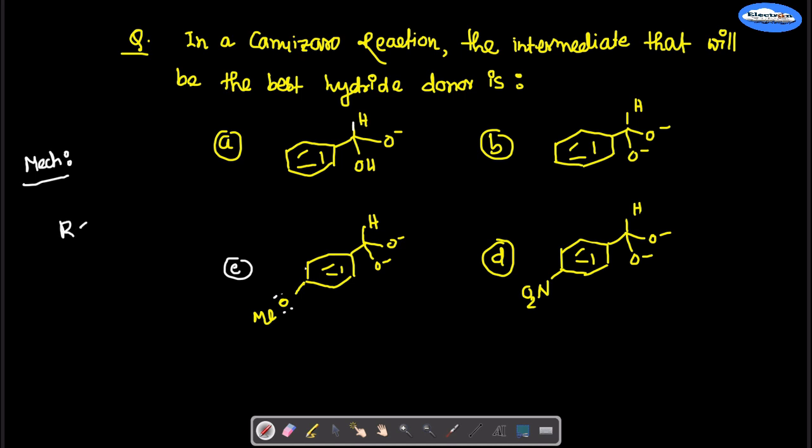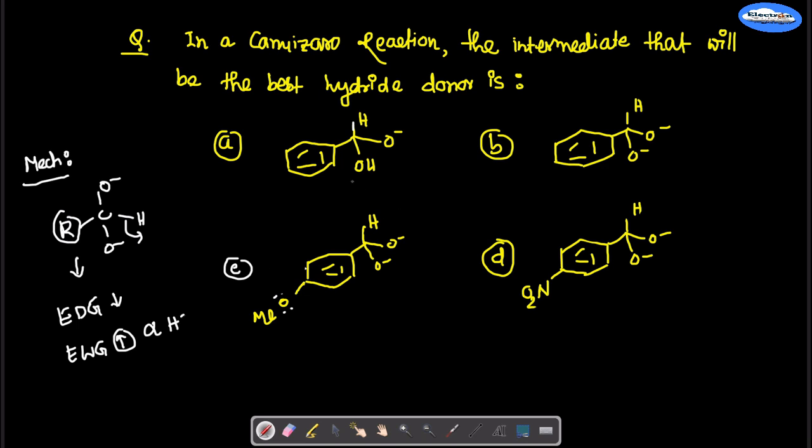Let's say in an aldehyde functional group, the dianion is formed like this, and the hydride is donated. If the R group is electron donating in nature, then the hydride donation will be lower, and if the R group is electron withdrawing in nature, then the donation will be more. So hydride donation is inversely proportional to the electron donating ability of the group.